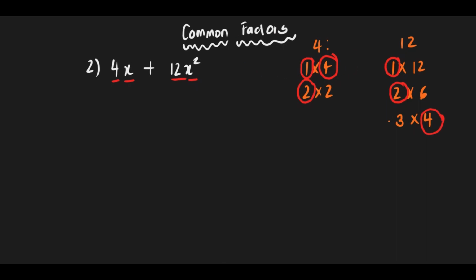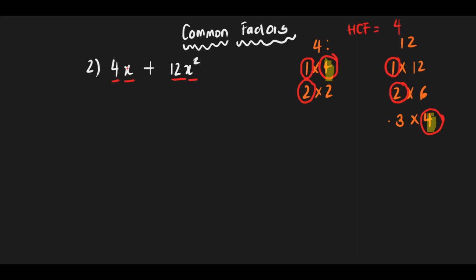Then now we need to find the highest common factor. The highest common factor is the one with the biggest number. Among the ones in the circle, the one that's largest is our highest common factor. So we see that 4 is our highest common factor. So we're done dealing with the coefficients, right?